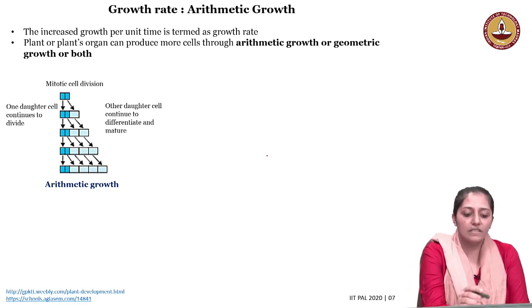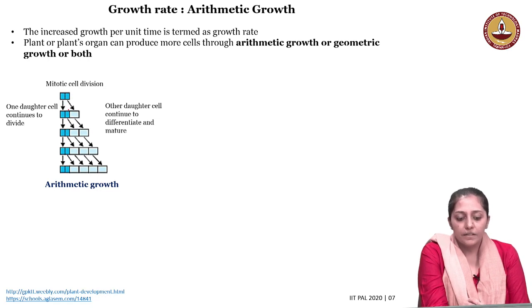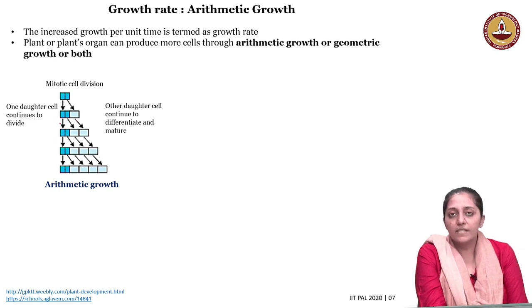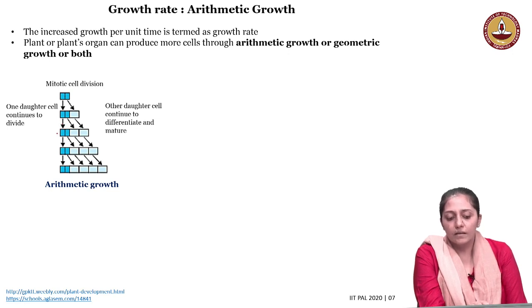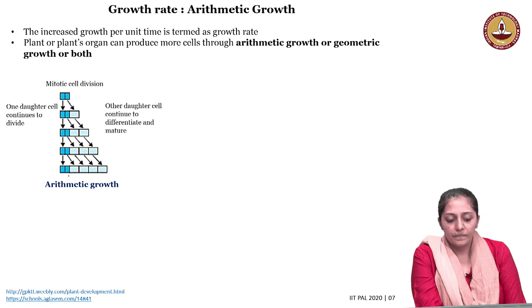If you can see on the slide, the two blue cells here will lead to daughter cells. One of the daughter cells is continuing to divide, while the other daughter cell will then keep maturing. So, this maturity happens because of its differentiation and gets added up to plant tissue or plant organ as per requirement.